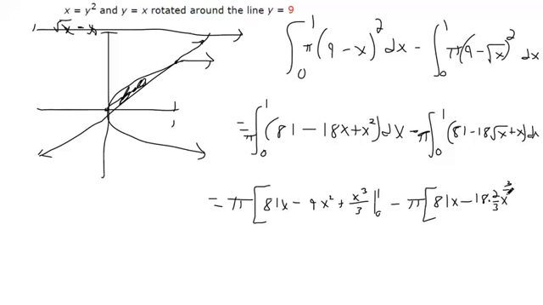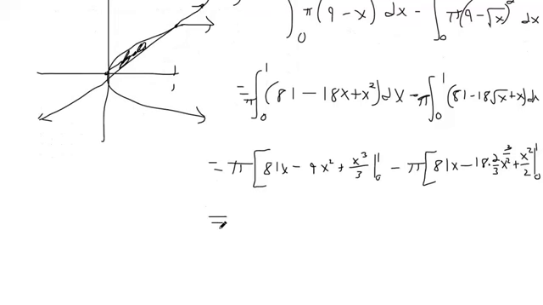If you take a derivative of this term, it should turn back into what we had up here. And then this is x squared over 2, from 0 to 1. Luckily, some of the work gets saved for us because when you plug in 0, it's just 0. So here we've got 81 minus 9 plus 1 over 3.